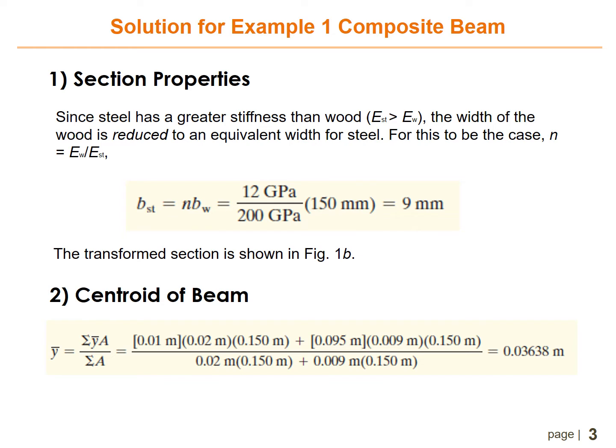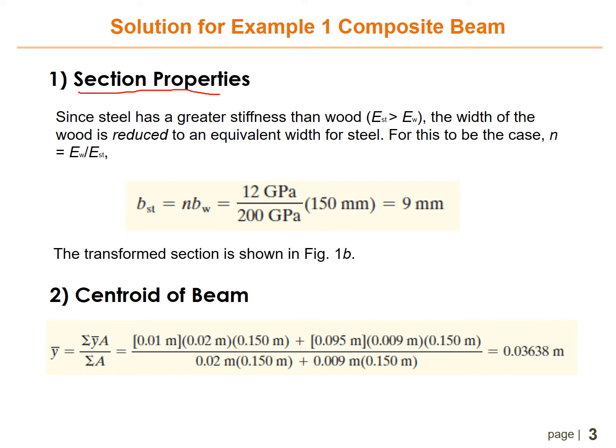Okay, the first step is to find the section properties. Since steel has a greater stiffness than wood, which is modulus of elasticity of steel more than modulus of elasticity of wood, the width of the wood is reduced to an equivalent width of steel.